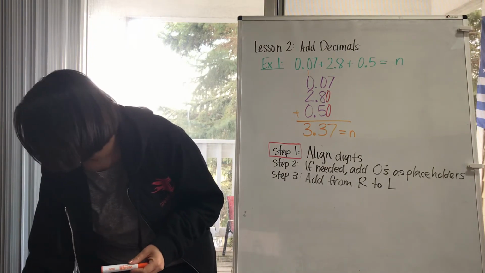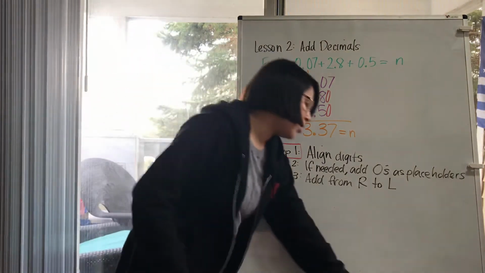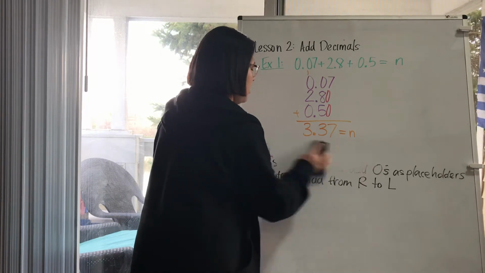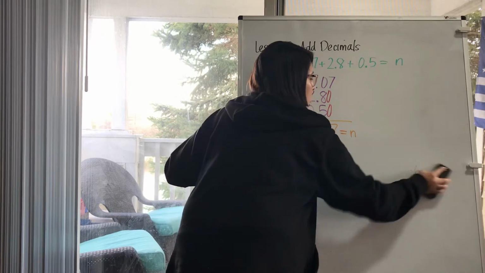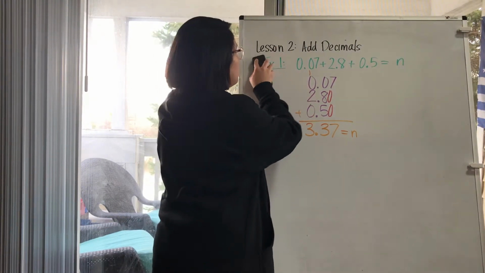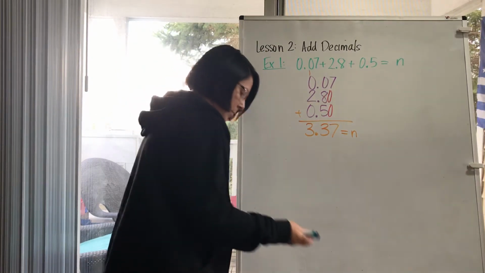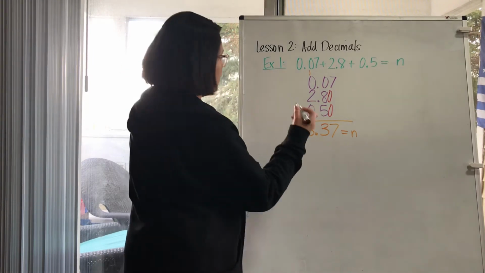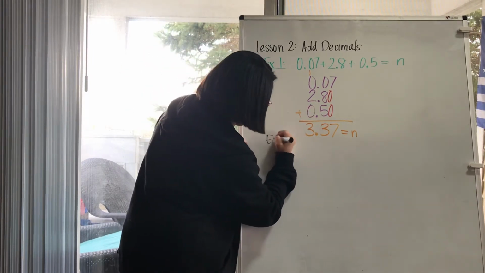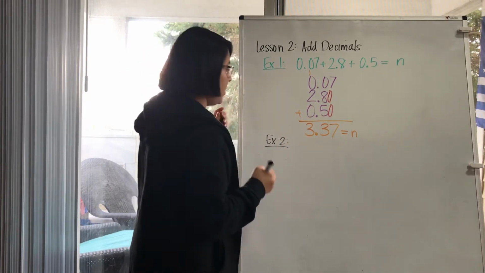Okay, so we can do one more example just in case. All right, let's do it down here. I want to erase. Okay, let's do example 2. We'll come up with any number.